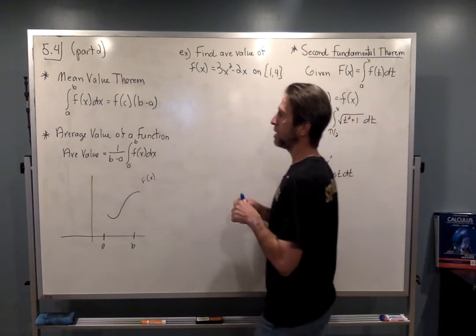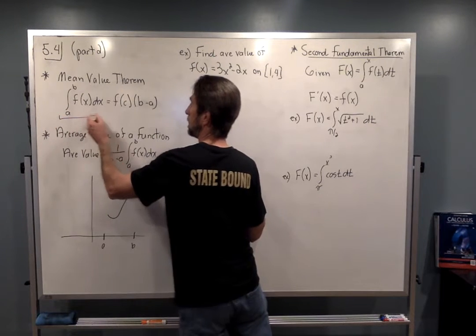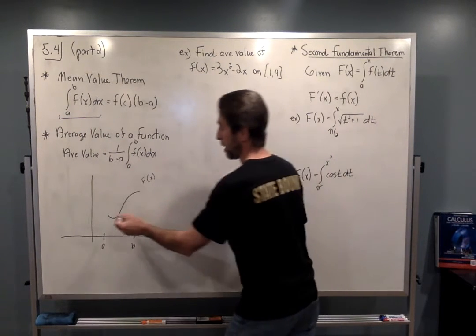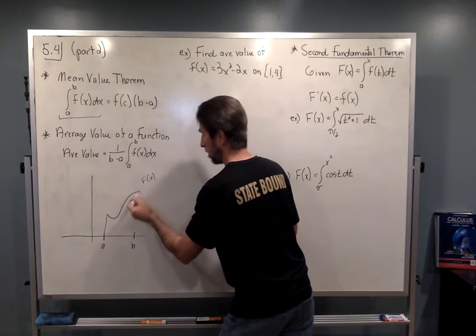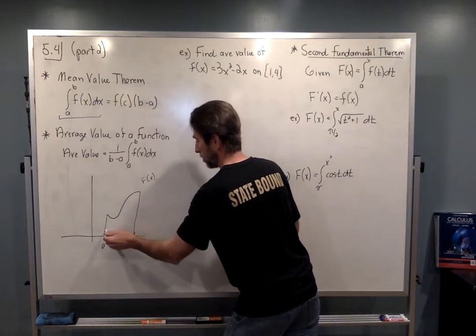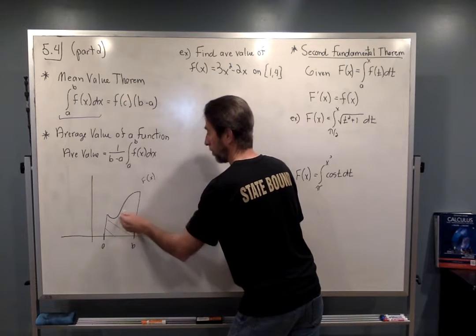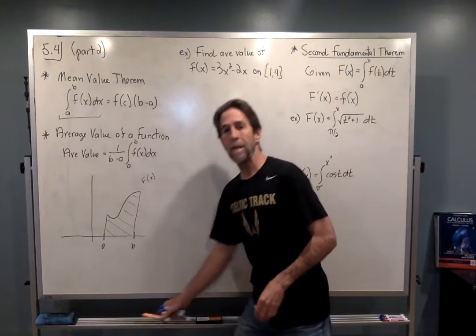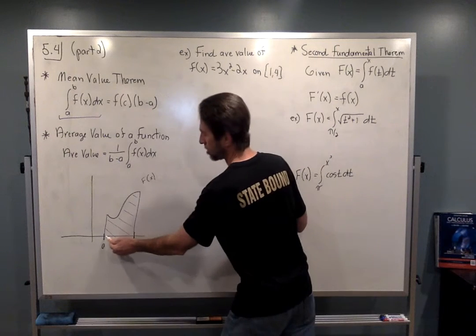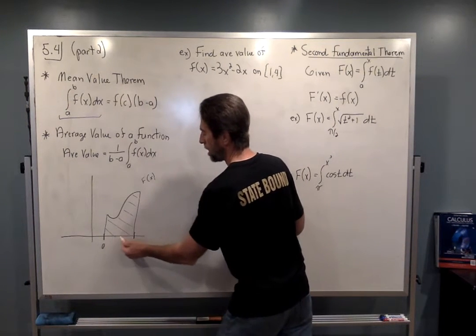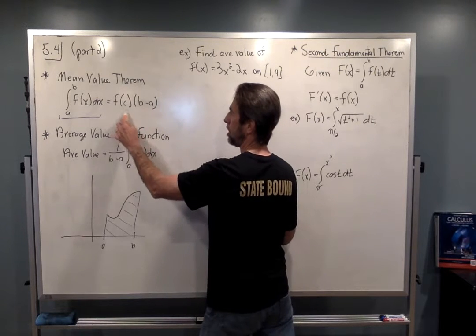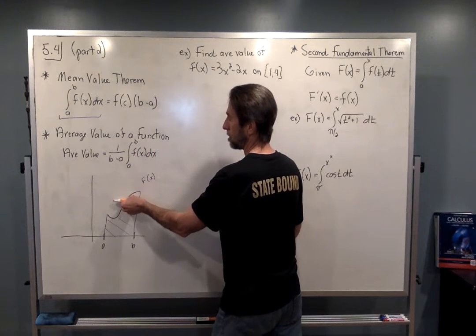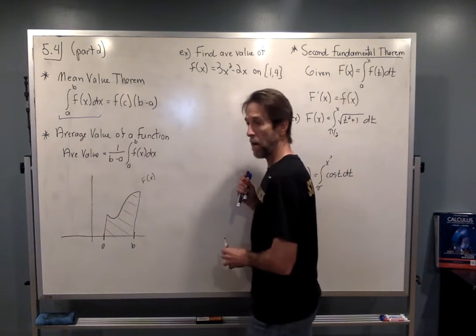Well, the integral of f of x from a to b is basically this area. So that would be that purple area. The mean value theorem basically says there has to be a c value somewhere between a and b so that f of c, which is basically the height of that value, times b minus a is equal to that area.